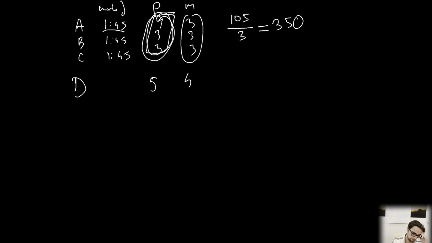And then how much did this person work to give us 100 packages? So they have to do 100 packages. This is 5 in 4 minutes. To get 100 packages, they would need to work 80 minutes.